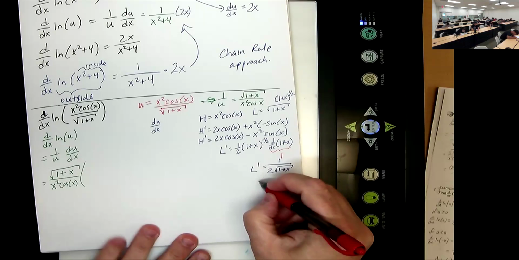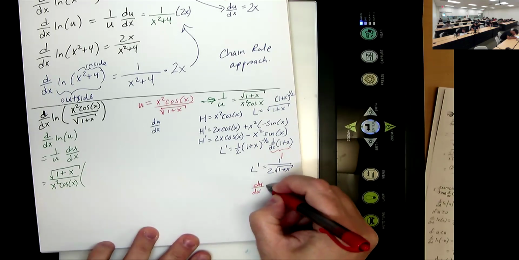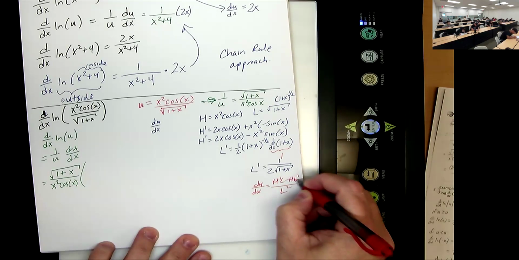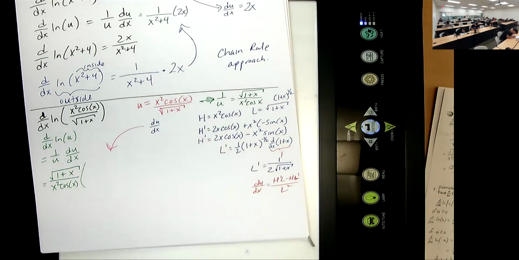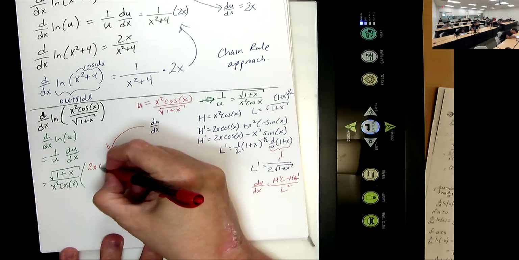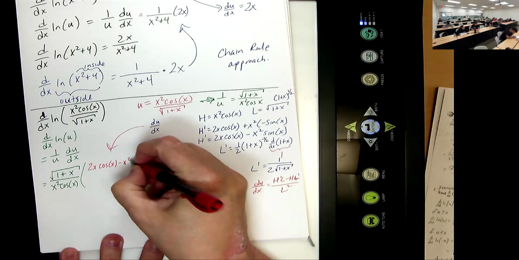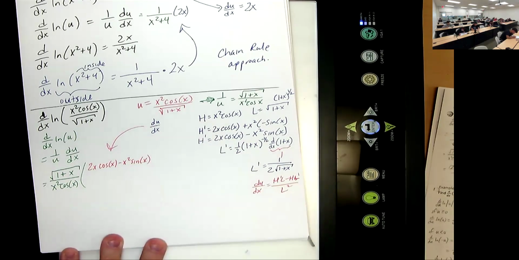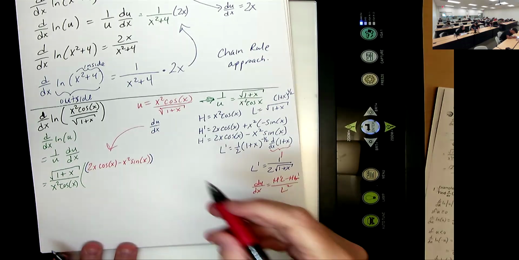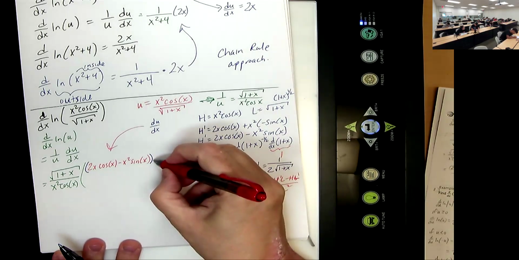And remember, when we're doing the quotient rule, we got high prime low minus high low prime over low squared. That's what we're going to plug in here. That's my high prime, times my low, and my low is square root of 1 plus x.